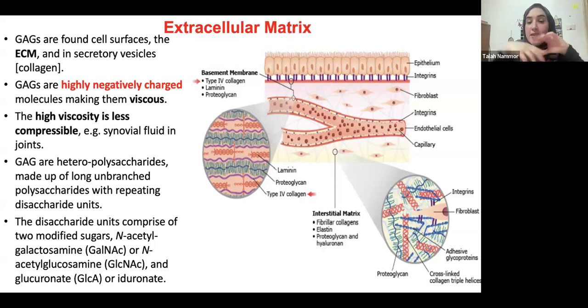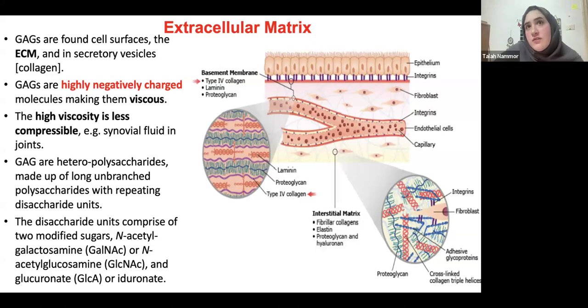So because GAGs are highly negatively charged, this causes them to be viscous. They're not compressible, so I cannot just compress them. There's always an invisible charge in there that's preventing them from getting together. This is a very important thing.